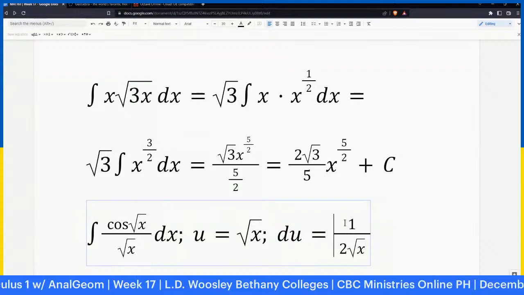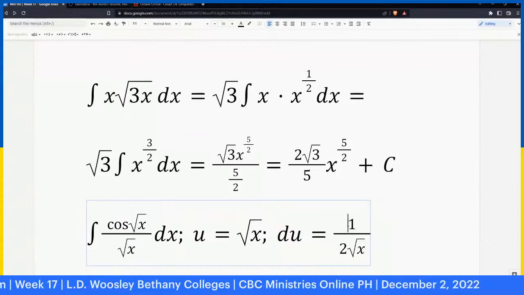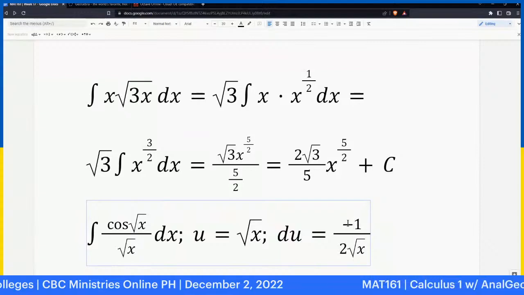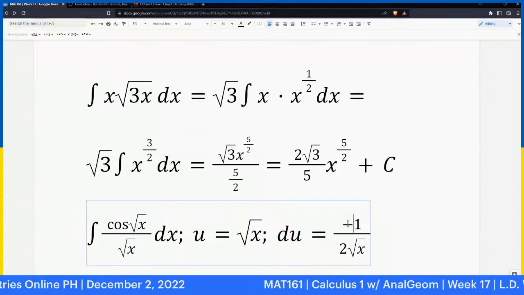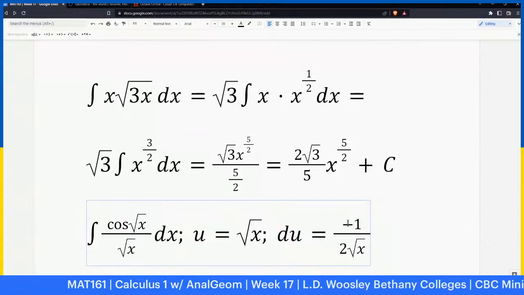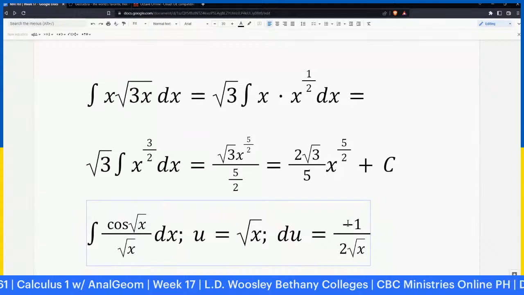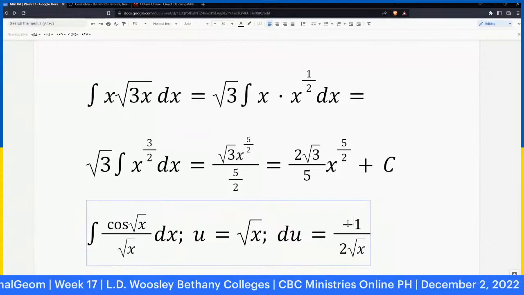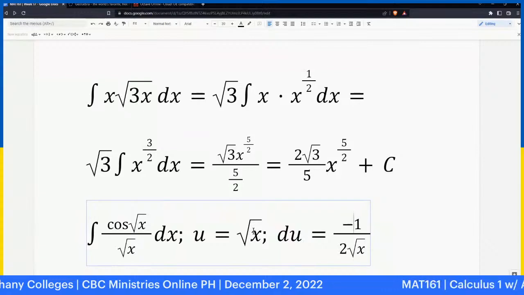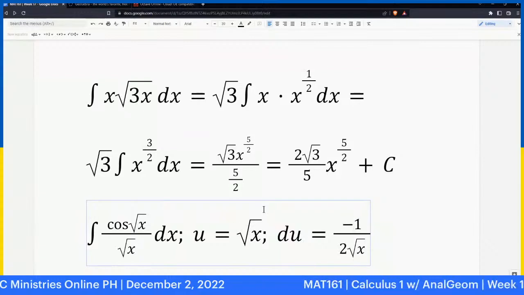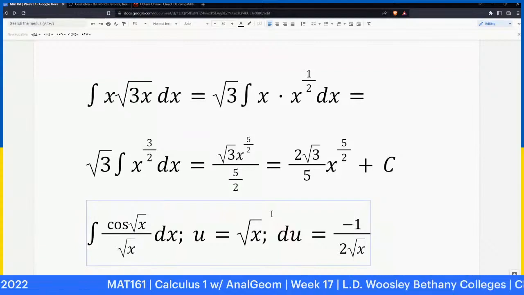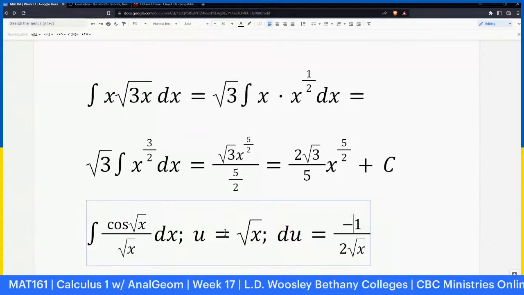There's a negative 1 here. Tama? Opo. So, negative 1 half, x raised to negative 1 half all over 1 half. Tama ba? So, x raised to 1 half, and then minus 1.